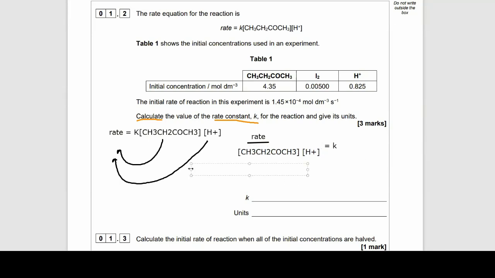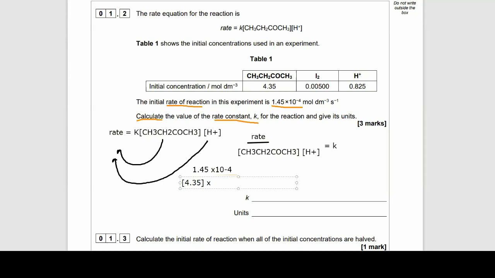So I now need to just substitute the numbers from the data in the table into the equation and work out K. And that will score me 2 marks. So 1.45 times 10 to the minus 4, which we're told is the rate, and we're told that over here. And I now need to divide that by the concentration of CH3CH2COCH3. So I need to put 4.35 in square brackets.